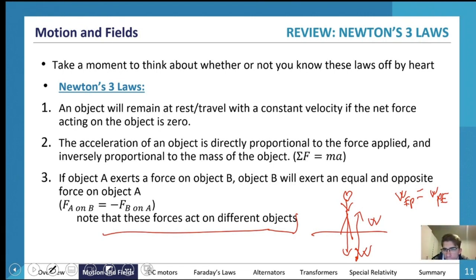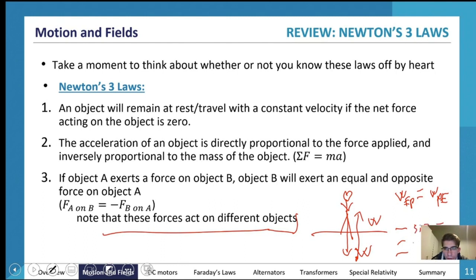So there are three characteristics that action-reaction forces need to satisfy. One of them, they need to be equal in size.